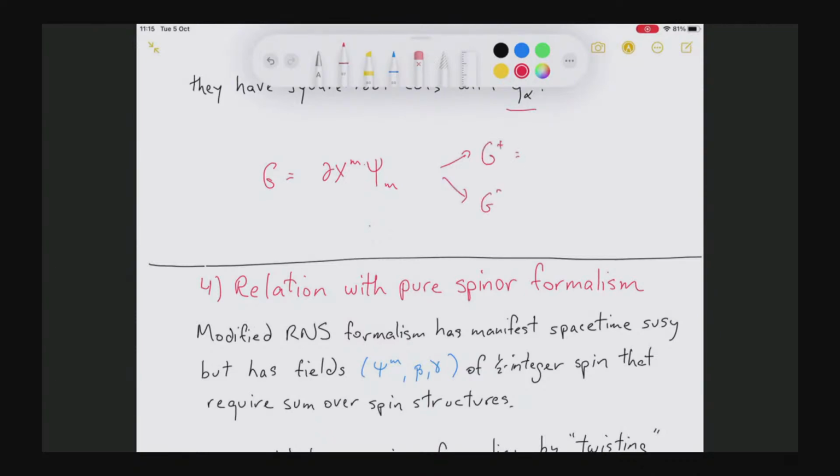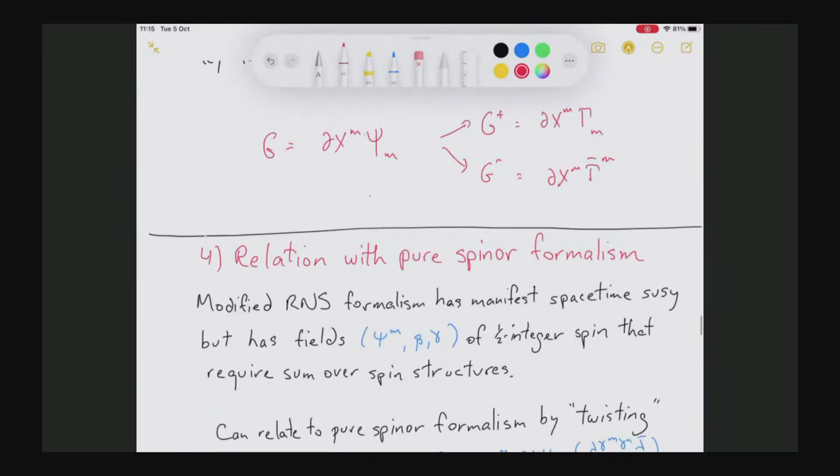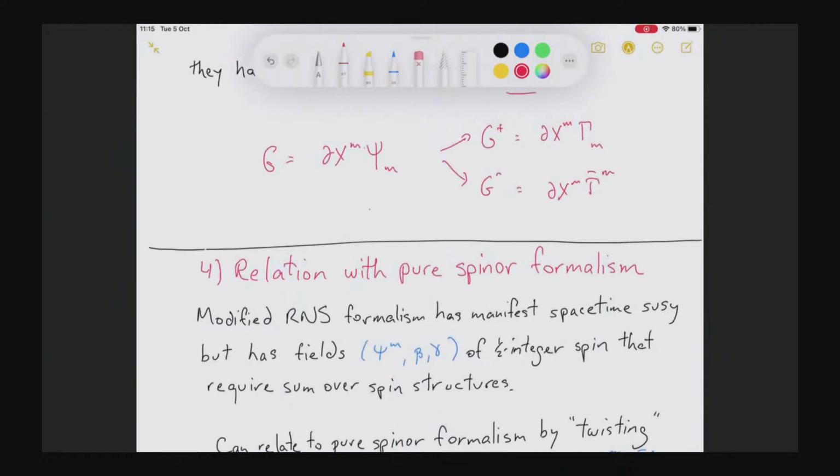This is equal to dxm gamma m, and this is equal to dxm gamma bar m. But this is a useful idea, though I'm not going to discuss it here, essentially because after introducing the auxiliary variables, this n equals 1 superconformal generator is unclear.